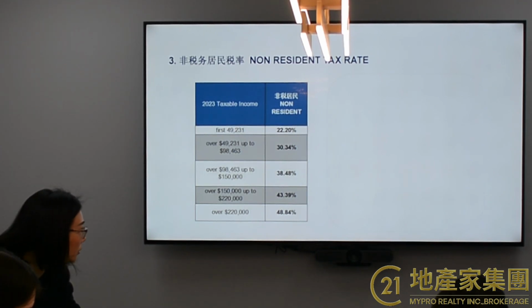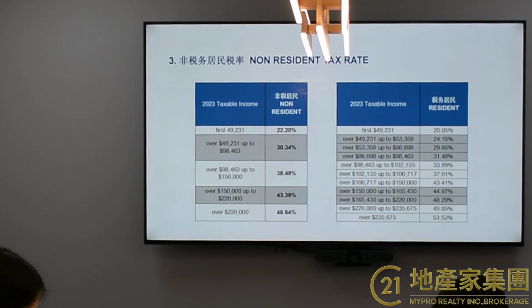It's very close to the local people's tax rate, no big difference. Don't think that a non-resident selling a house pays 25% capital gain tax. That's just the withholding tax. The final return is still calculated based on the tax brackets.